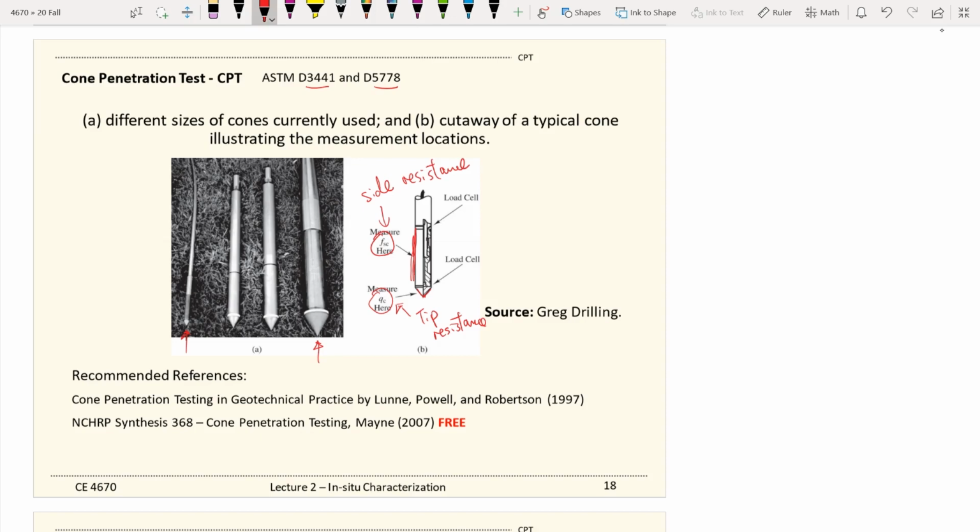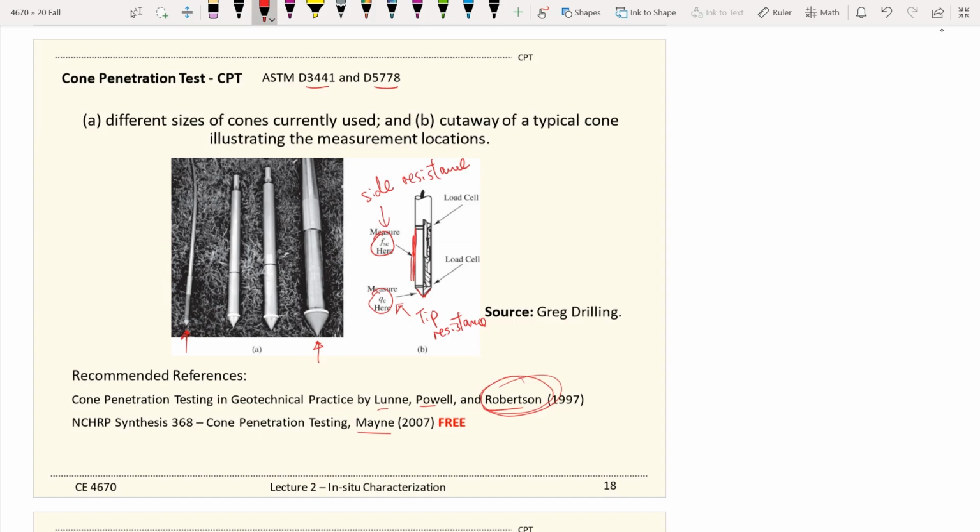First is by Lunne, Powell, and Robertson 1997, which is a book about CPT testing, and also Mayne 2007, which is freely available online and is a good reference about the documentation of CPT. I have also uploaded a lecture by Robertson. Robertson is very famous in CPT testing. He is pretty much the one who developed most of the technology in this field.